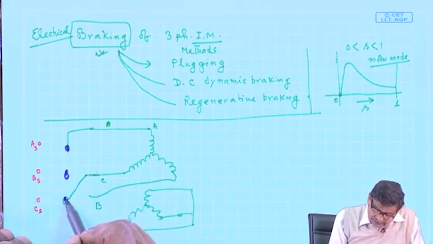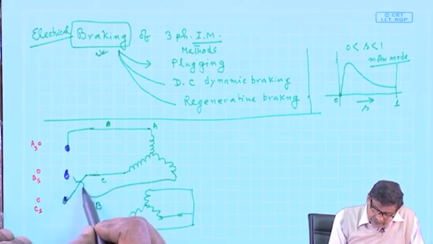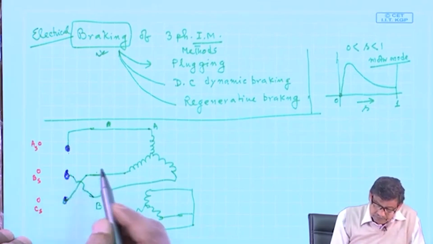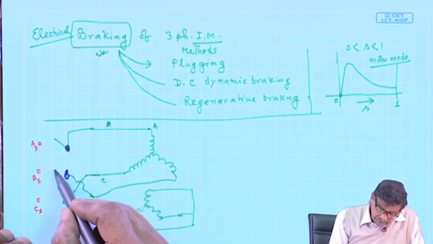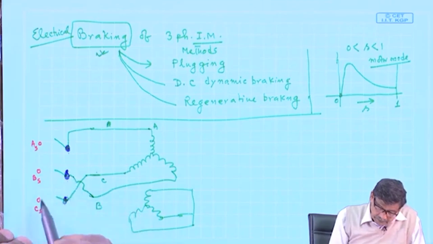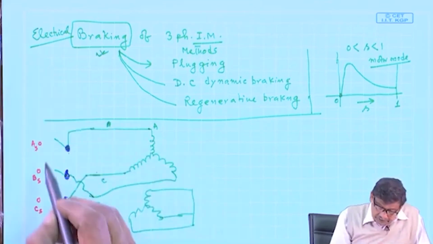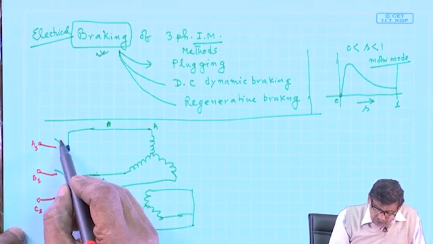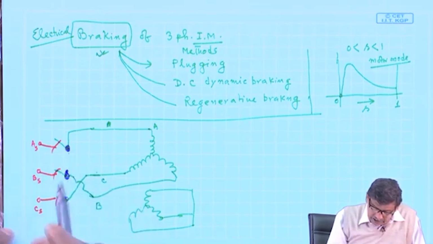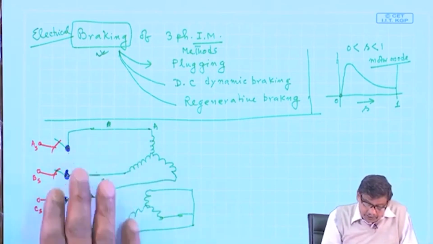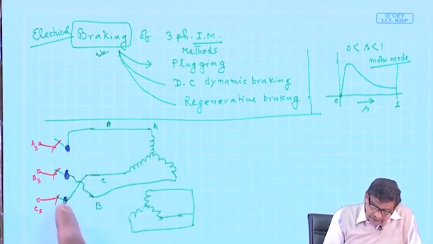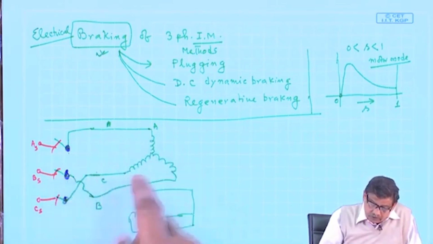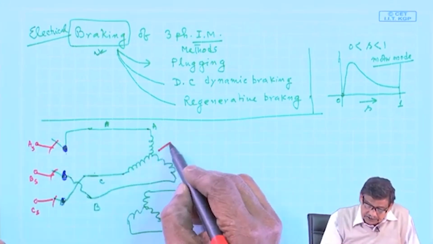This is C and this is B. I connect it like this, throw it this side. The other side I will discuss, but the point is, if you connect it like this, the machine is supplied with phase sequence ABC, and the rotating field will be moving like this.